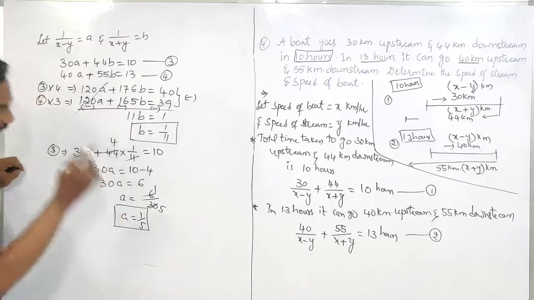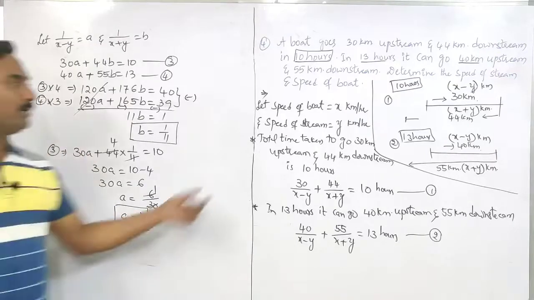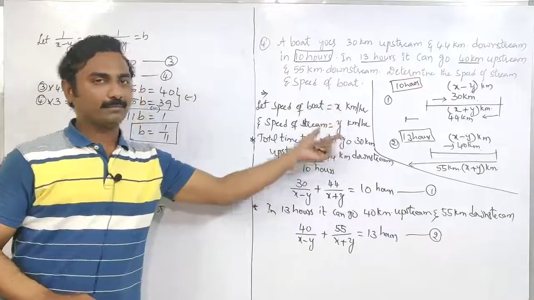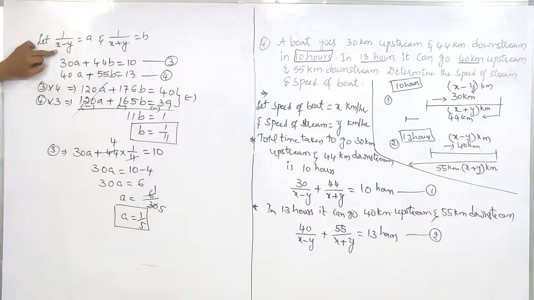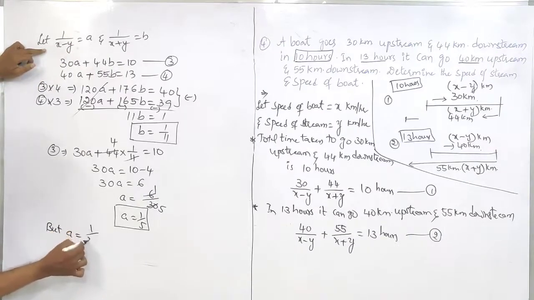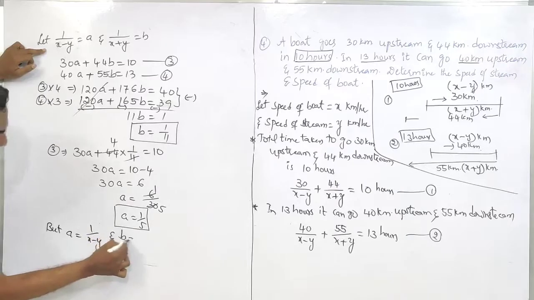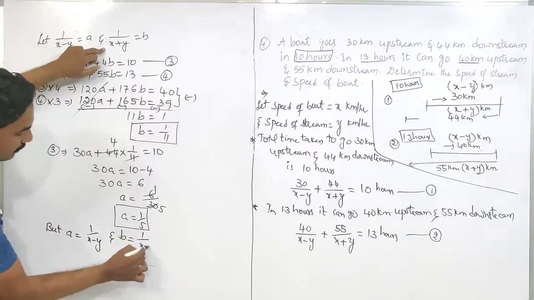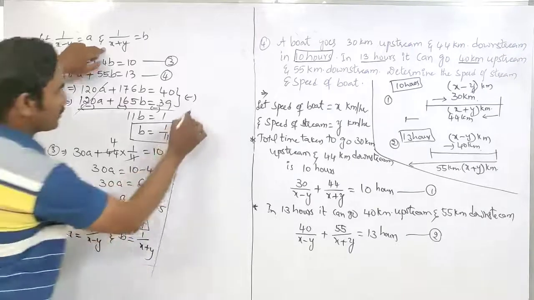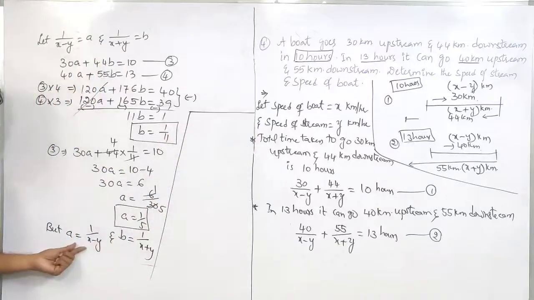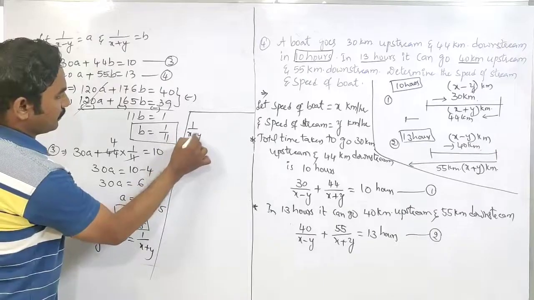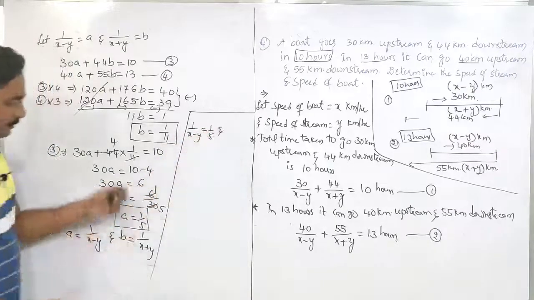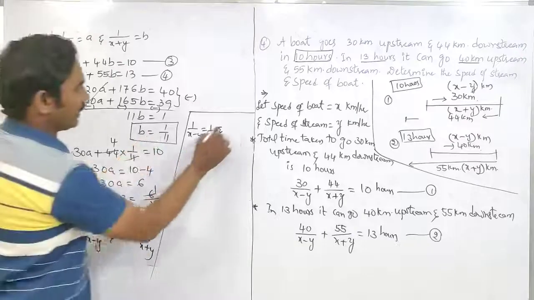We got the values of a and b. But we need the values of x and y, not a and b. So what is a here? A is equal to 1 by x minus y and b is equal to 1 by x plus y. We substitute these two here. So 1 by x minus y is equal to 1 by 5 and 1 by x plus y is equal to 1 by 11.